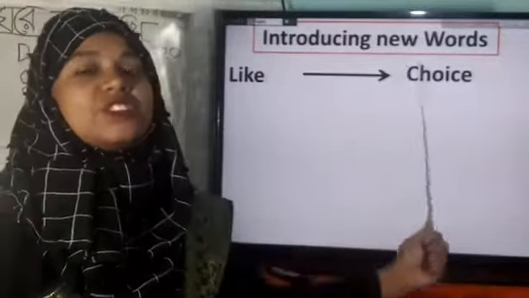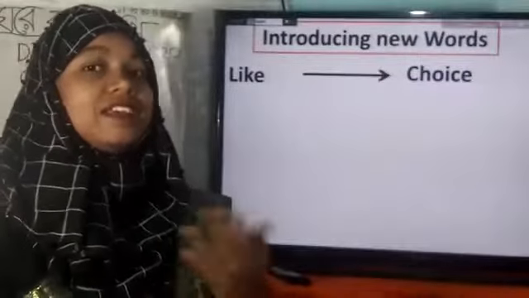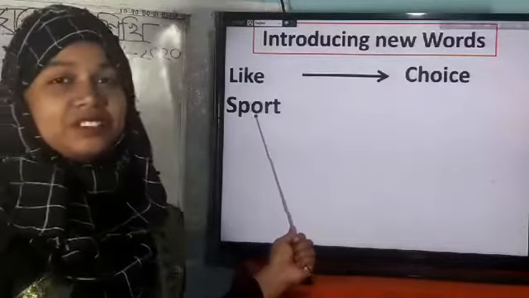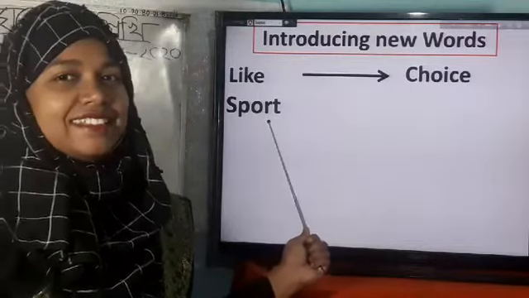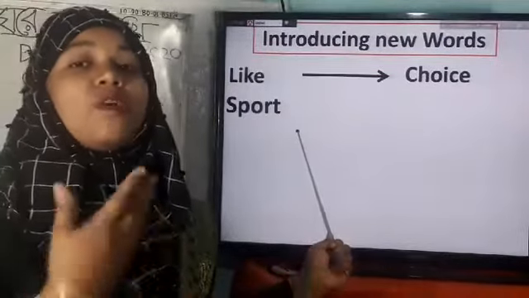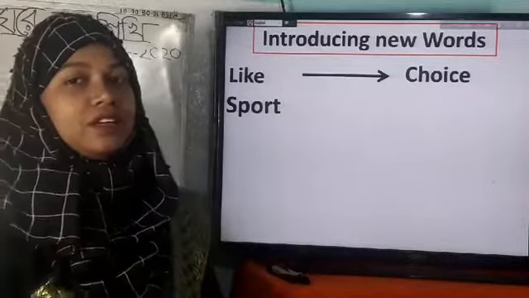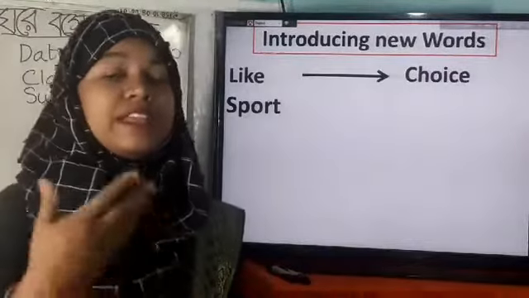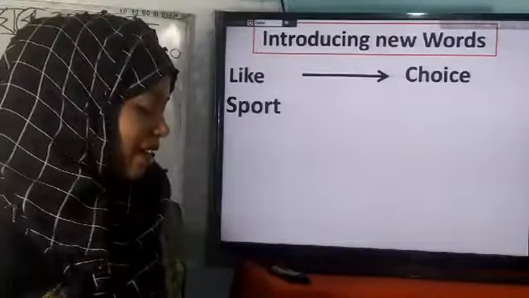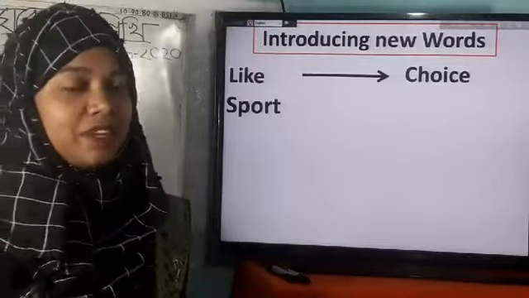Like, choice. Now, next word. Dear student, what's it? Yes, it's sport. Now, do you know what is the English meaning of sport? I think you can answer me. Now, match with me.